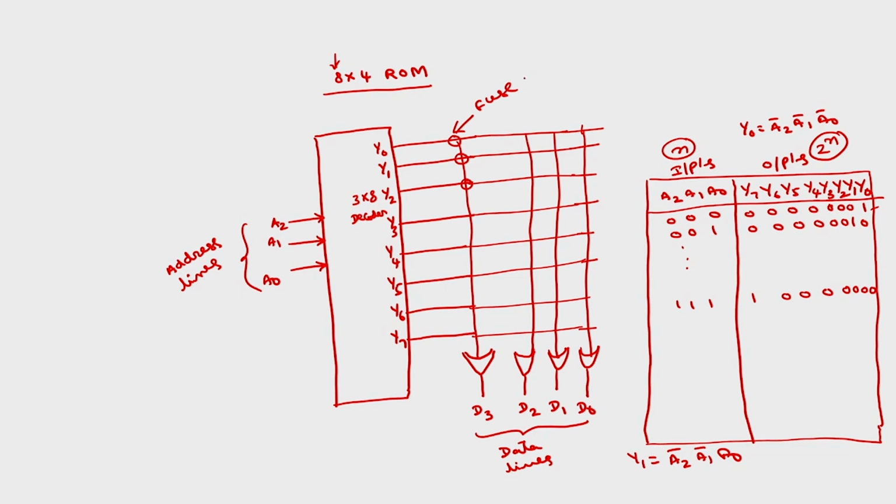So a fuse can be either intact or blown. Depending upon the data that is to be stored here, we will either keep the fuse intact or blow the fuse.